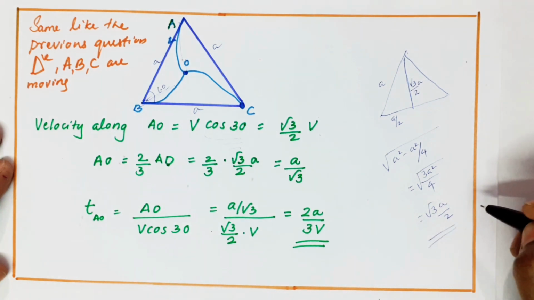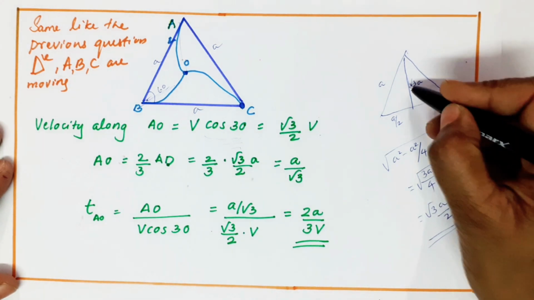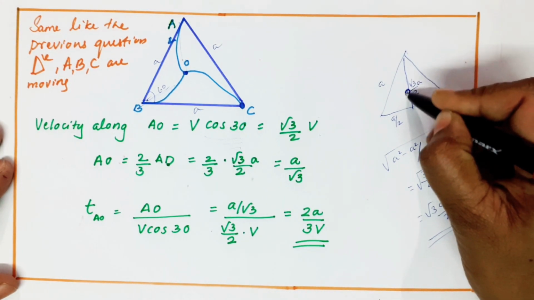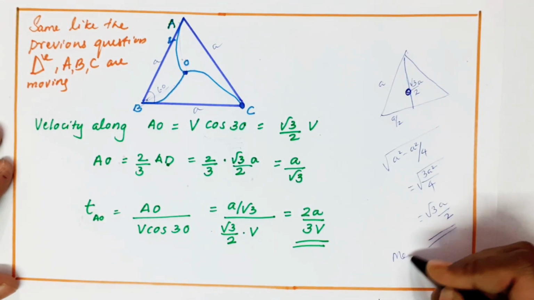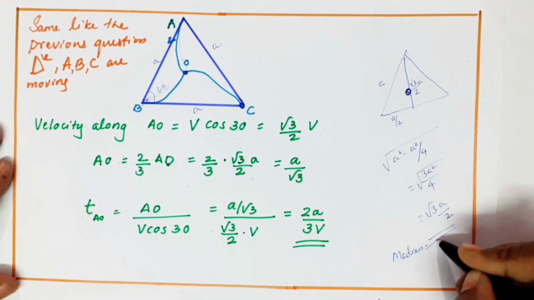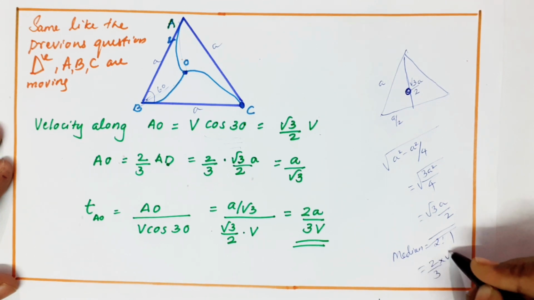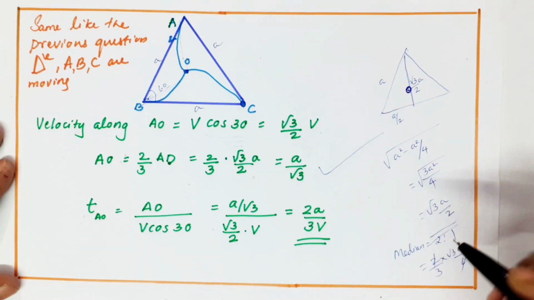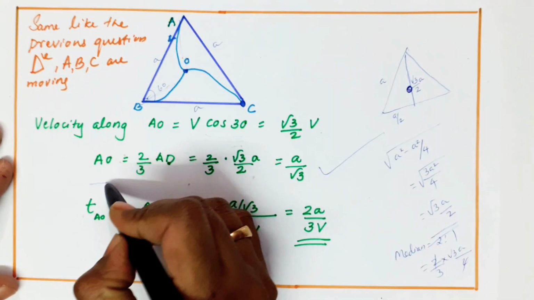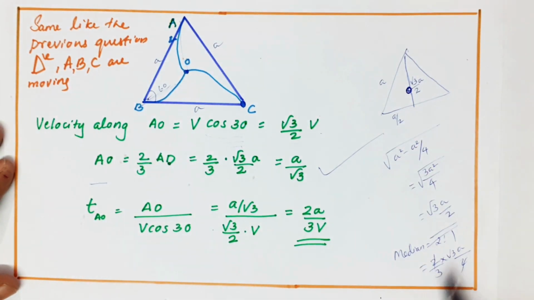Right? Then we know that this point is the median. The median divides in the ratio 2:1. So 2 by 3 into root 3 A by 2, the 2 gets cancelled. So AO is A by root 3.